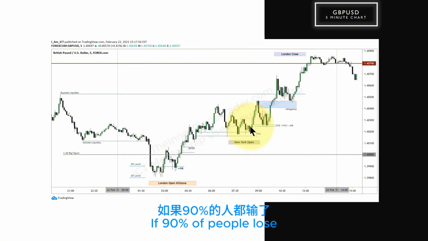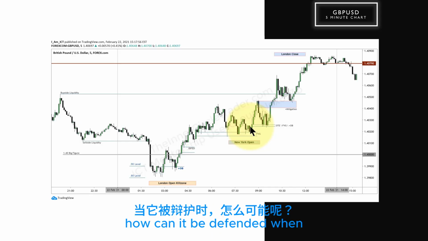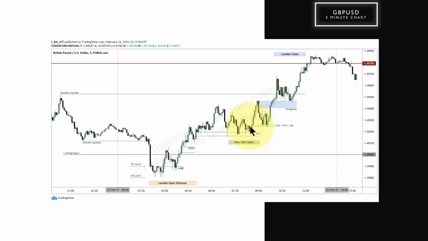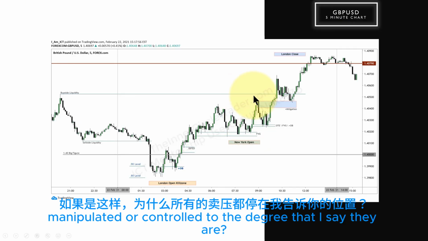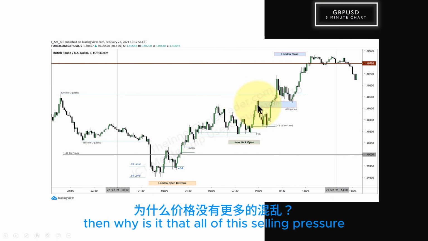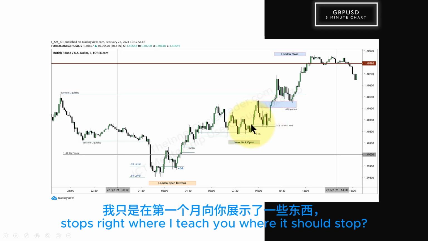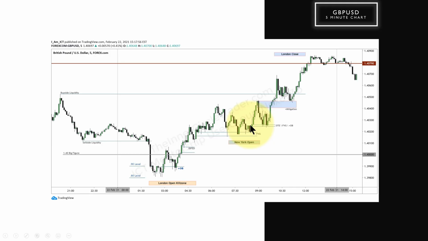If 90% of people lose, and these markets are rigged, like I'm saying they are, how can it be defended when you make a case that the markets are not manipulated or controlled to the degree that I say they are? And if that's the case, then why is it that all of this selling pressure stops right where I teach you where it should stop? Why doesn't it go beyond it?